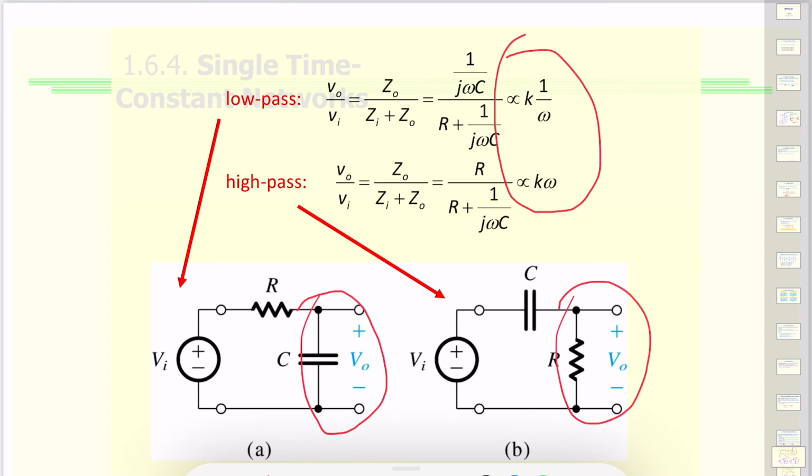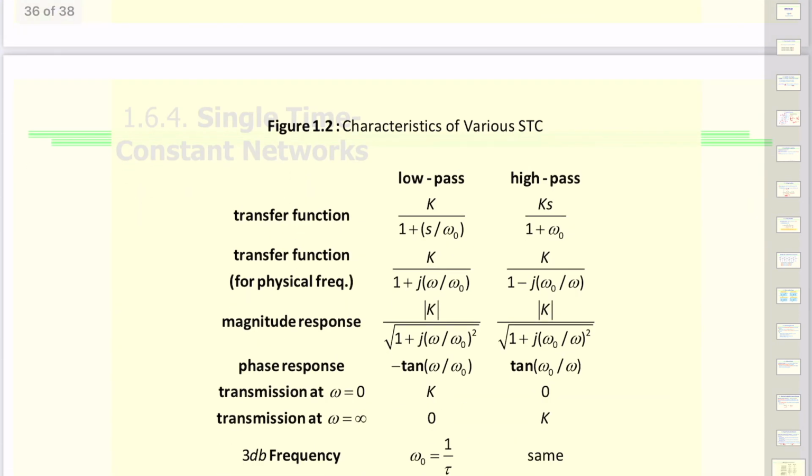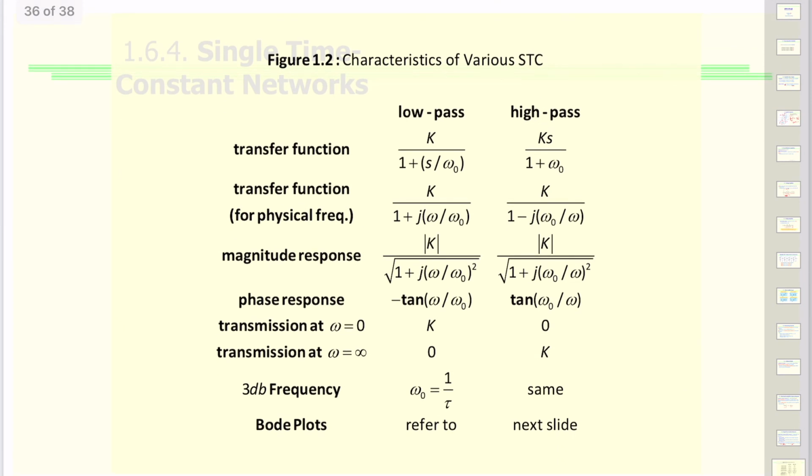Many of these would give us very specific cutoffs depending on the values chosen for those specific circuits, and their transfer functions, magnitude responses, and their transmissions at different values are given by this table.